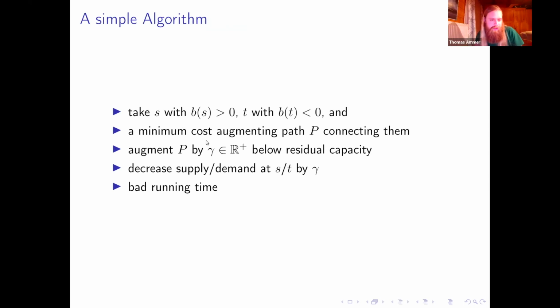Then we would augment along that path P by some value gamma. Because some parts of the supplies and demands in the network have been matched to one another, the remaining supply and demand is less. So the supply and demand at S and T respectively needs to be decreased by gamma. This algorithm is already correct, although the running time is bad.